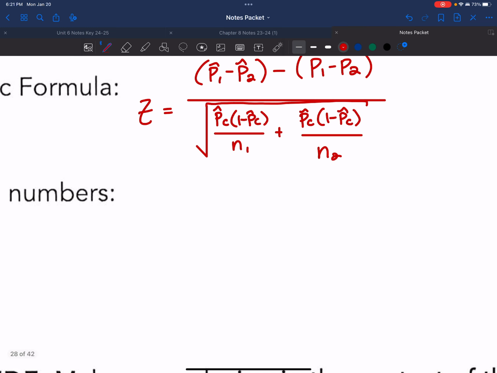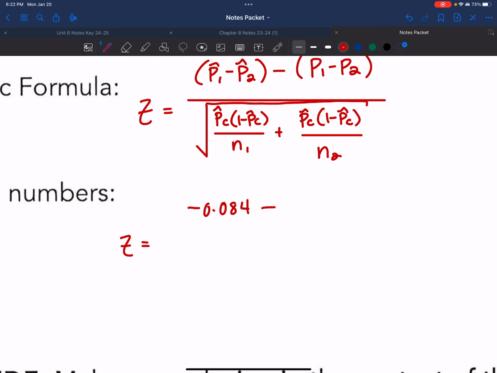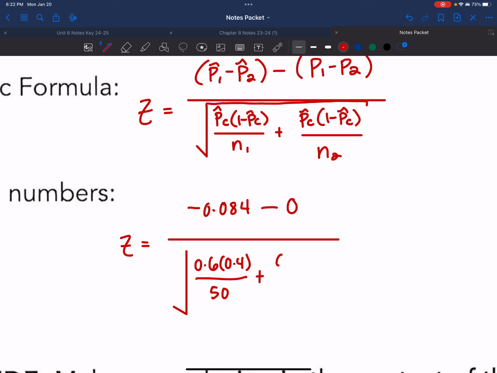And then from here, I'm just plugging in, right? So the statistic was negative 0.084. Our assumed difference was 0, divided by the square root of 0.6 times 0.4 divided by 50 plus 0.6 times 0.4 divided by 45.